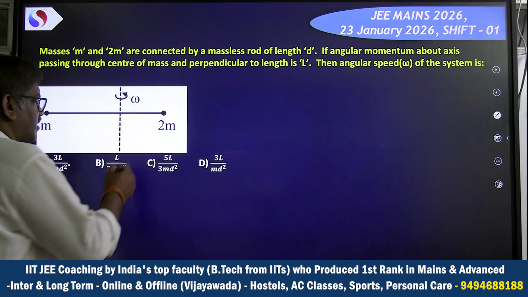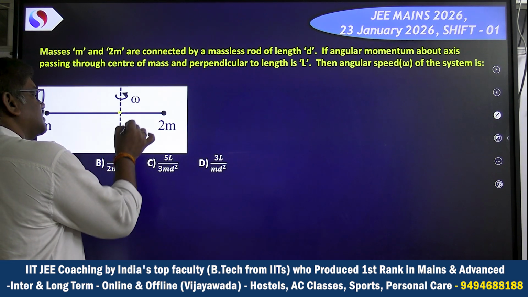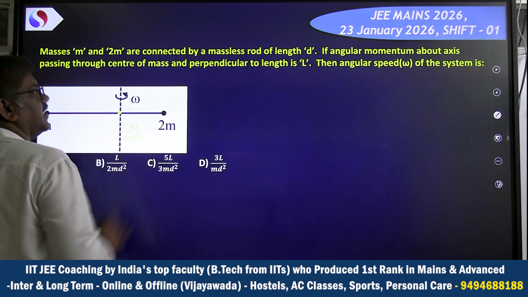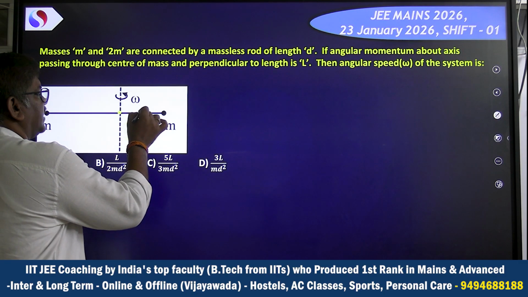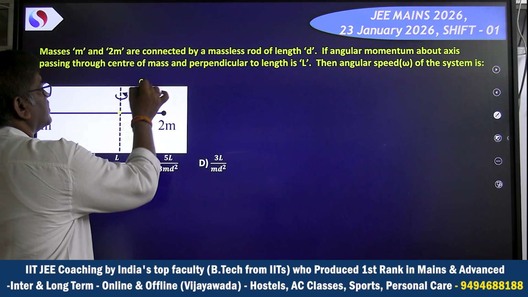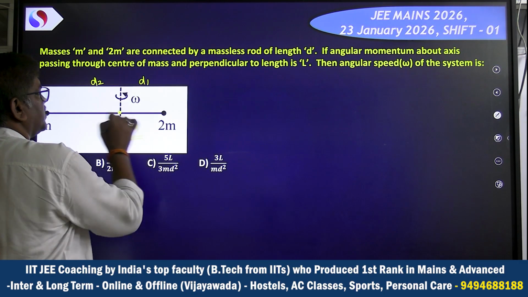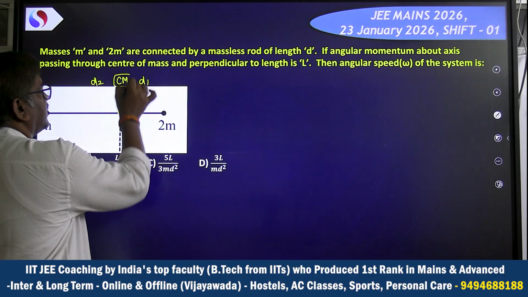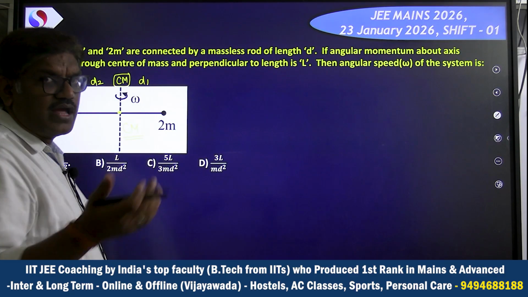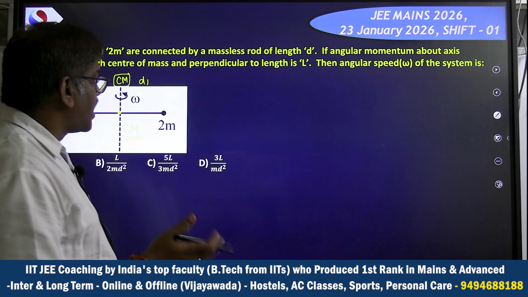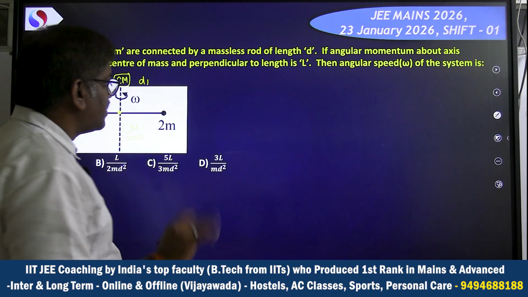First, you calculate the position of the center of mass, and then get the distances d1 and d2 about the center of mass, and then you can write mvr or m r square omega as the angular momentum. This is one of the ways.